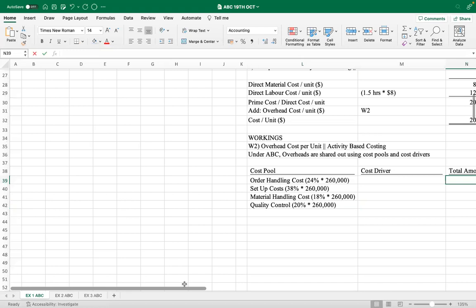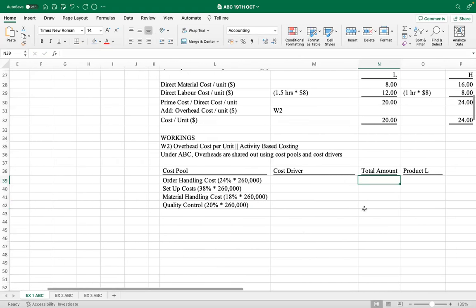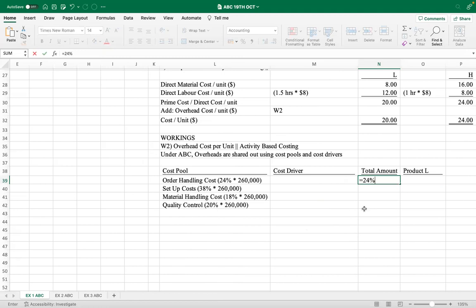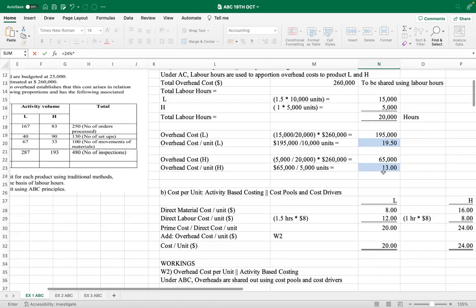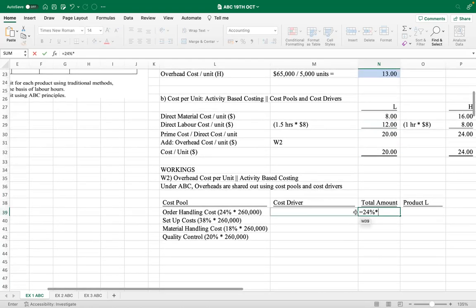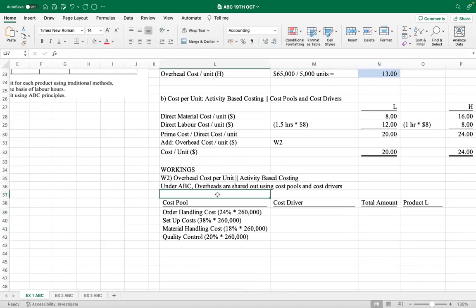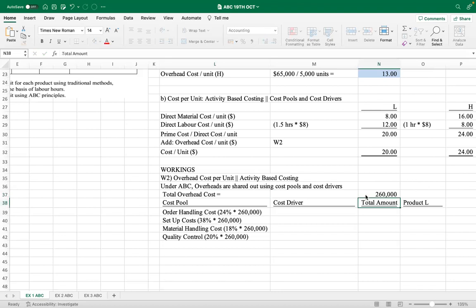So let me get those percentages before we go to the next item. Total overhead cost is 260,000. So we have 24% times 260,000.